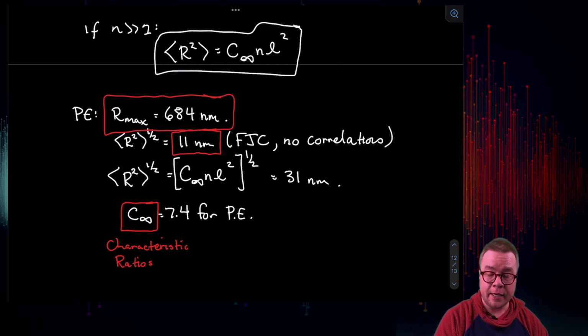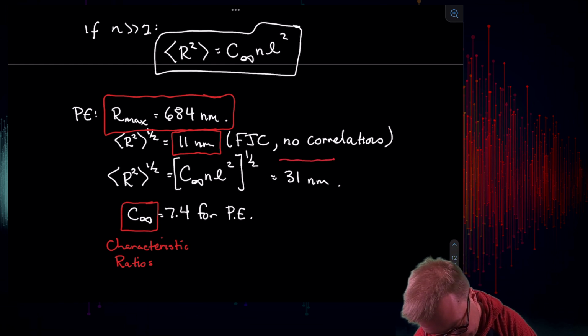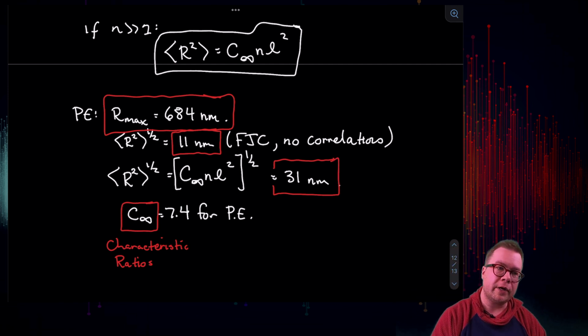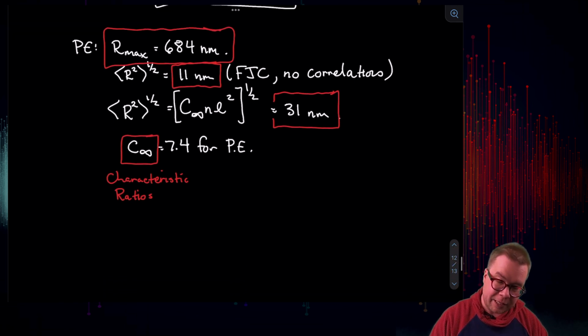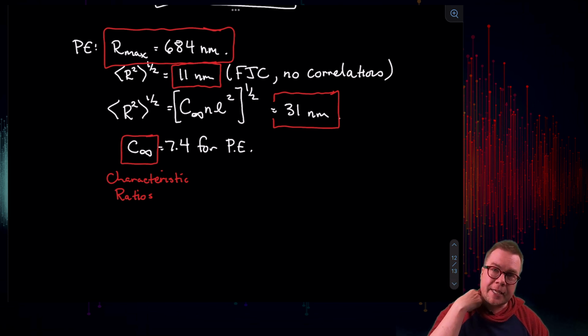We call them C infinity. And so for polyethylene, that happens to be 7.4. And so because of those local correlations between the orientations of the bonds, we get a slightly bigger polymer chain. So actually, if we were to go do the experiment using AFM or something like that, the size of our polymer chain would be closer to 31 nanometers.